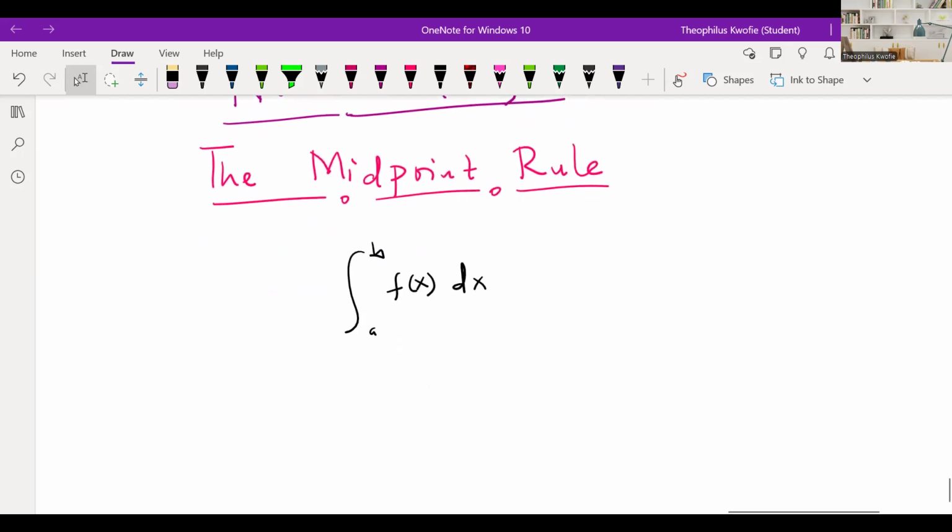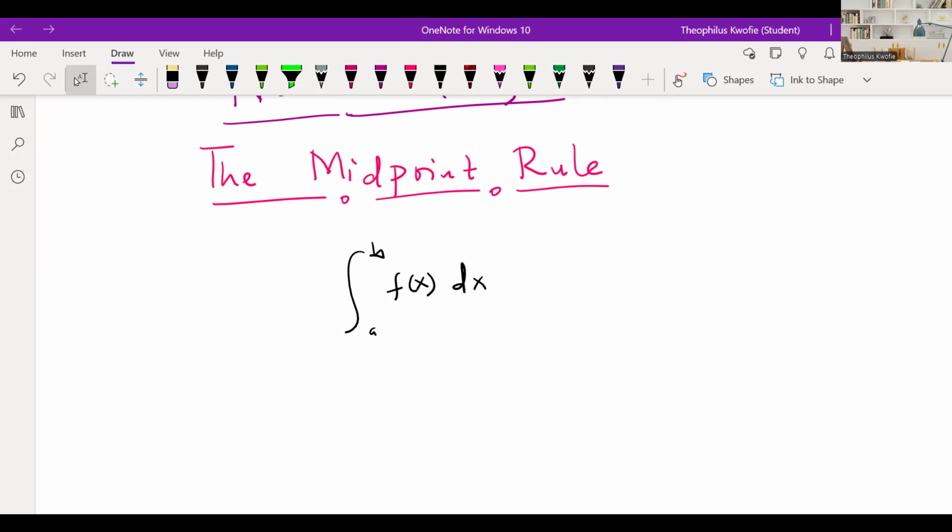So let's get going. What is the midpoint rule? If I may put it in a very nice way, it is more or less an add-on to the Riemann sums. The Riemann sum says that for us to approximate the area under the curve, we need more rectangles to do that.